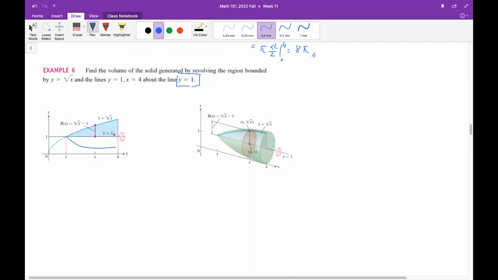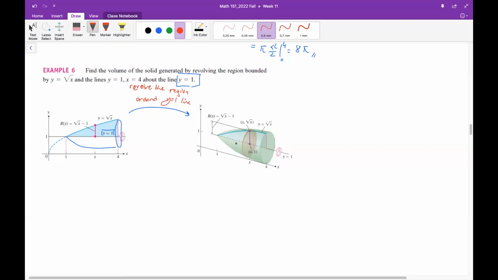Now you are revolving this region around the y equals 1 line, not the x-axis, but here. Okay, let me emphasize that. Revolve the region given here in blue around not the x-axis, but the y equals 1 line. And this you will obtain.